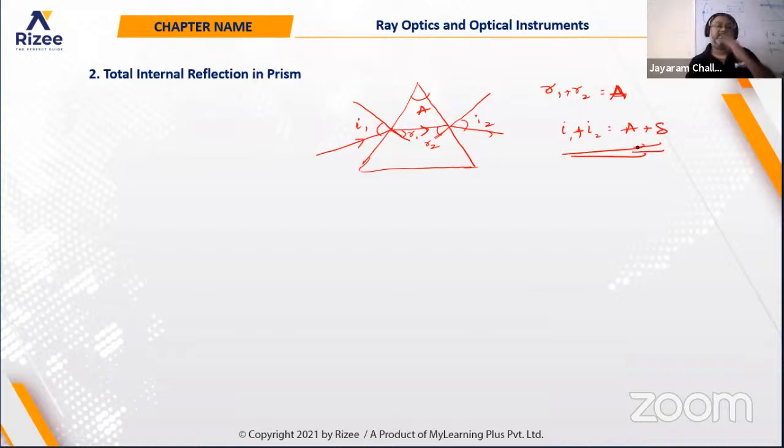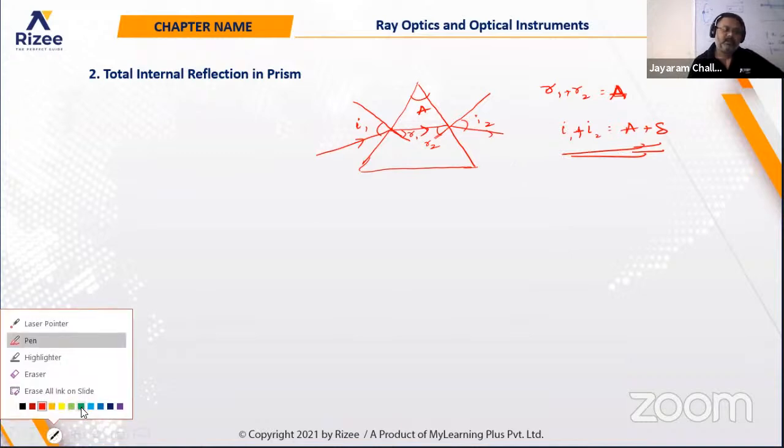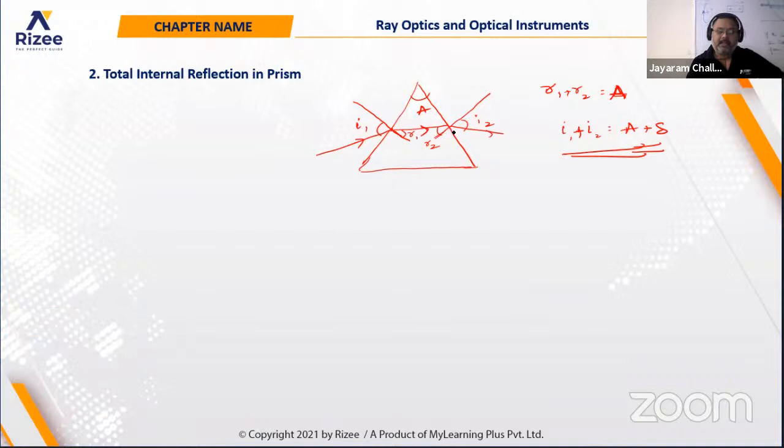If total internal reflection has to happen, instead of the light ray going outside, it has to come back in this way.